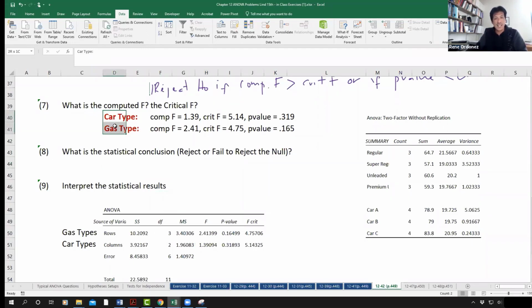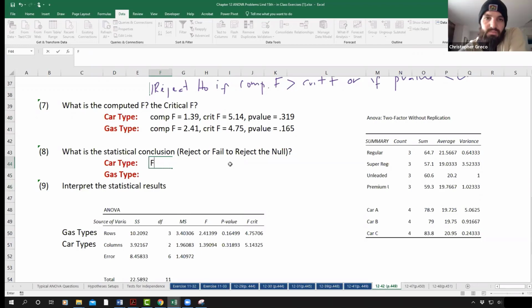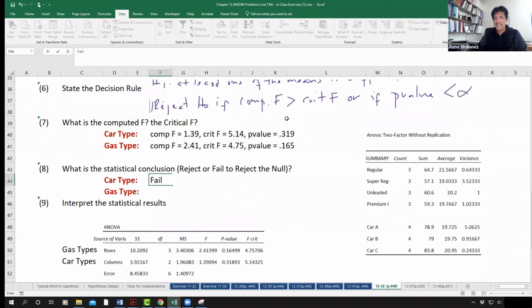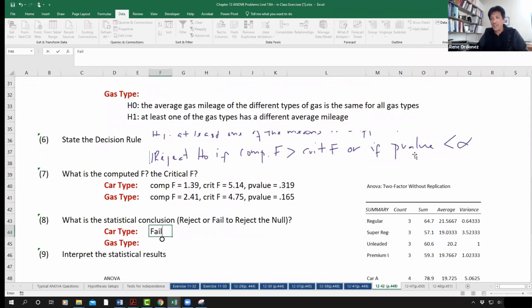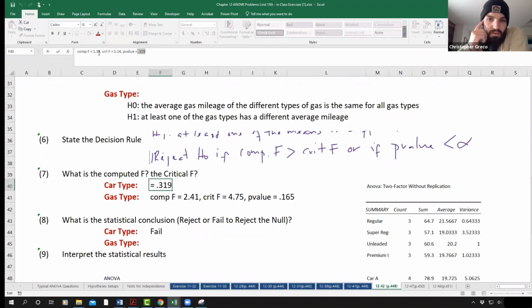So what is the statistical conclusion for car type? Do we reject the null hypothesis or fail to reject? Reject? Yes. Look at your p-value. Remember that the null hypothesis will be rejected if the p-value is less than alpha. Look at your p-value. Quite high. Right?